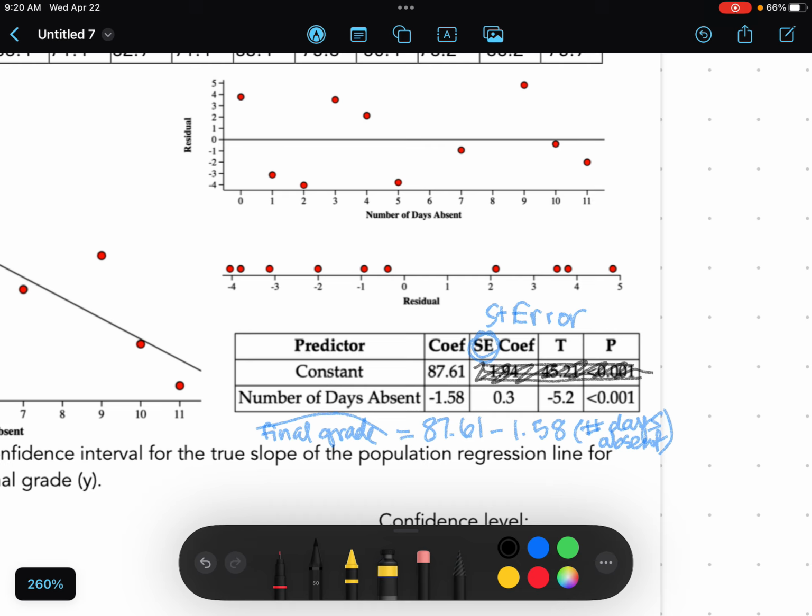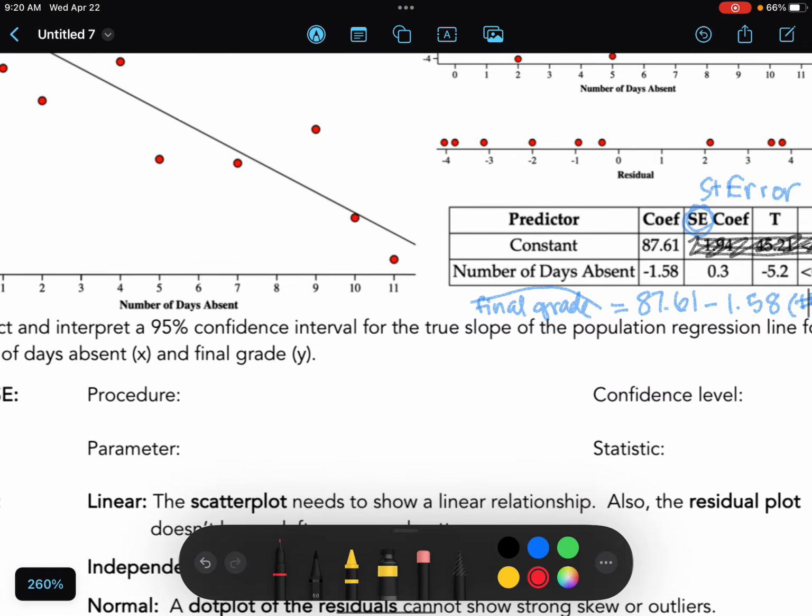So we have our standard error, which is great. So we're going to do an inference procedure right here, okay?